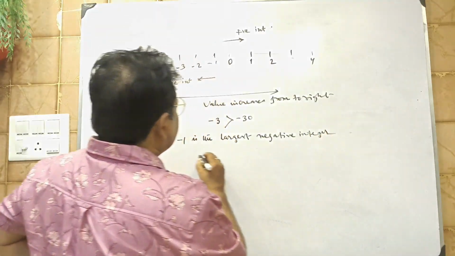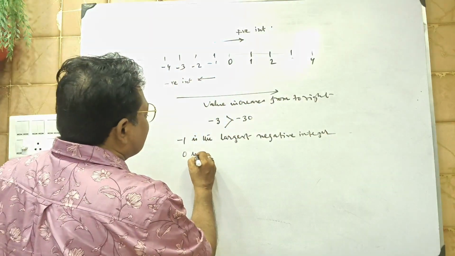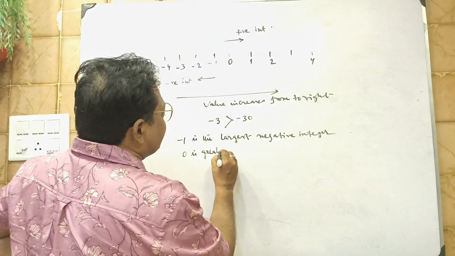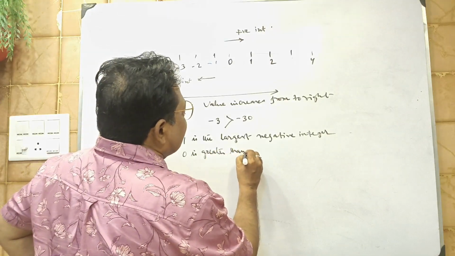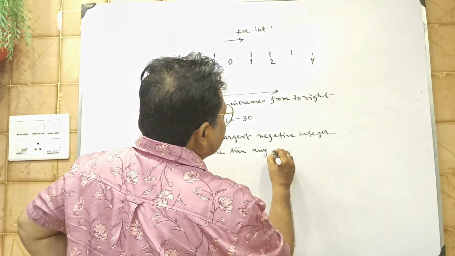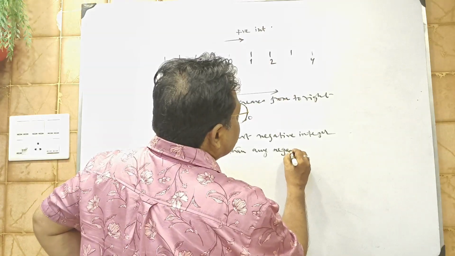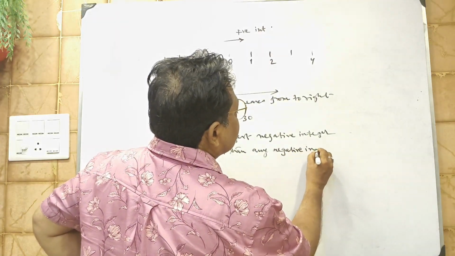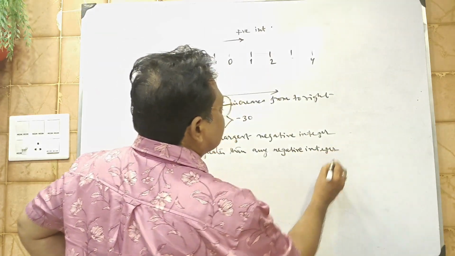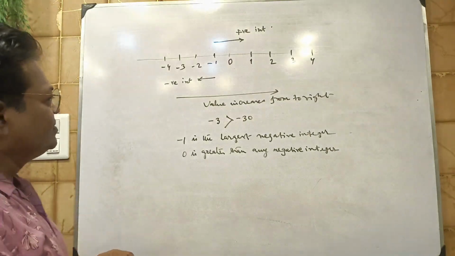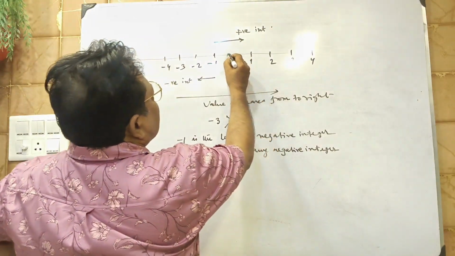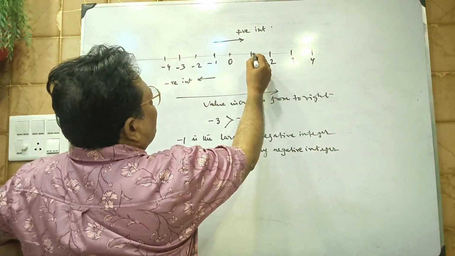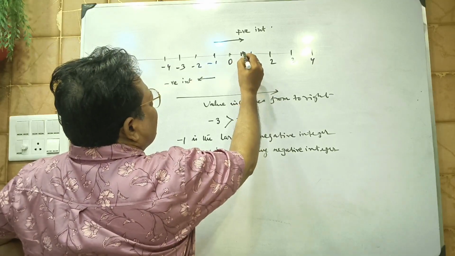And 0 is greater than any negative integer. Now you know that if there is 0 and 1, what is the middle?